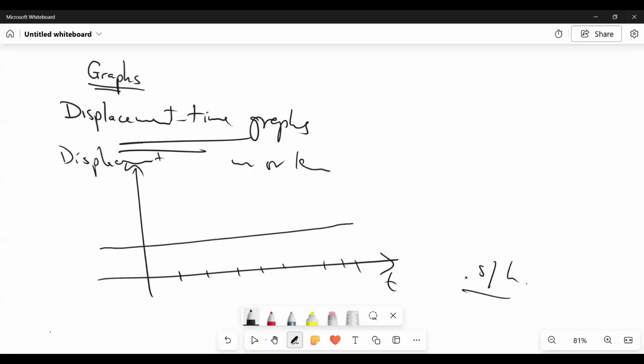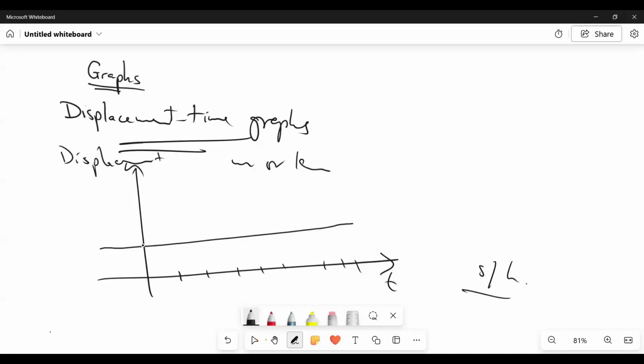So what's happening here? Is this body moving? If the displacement is constant? Yeah. No, you're right. There's time going. Yeah, time is going, but the thing is not moving.